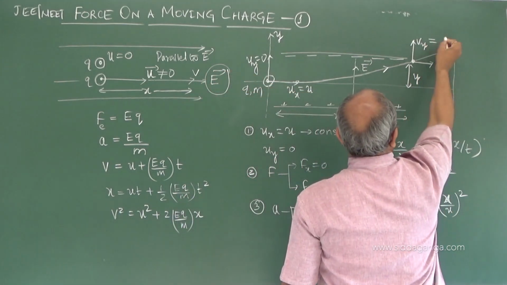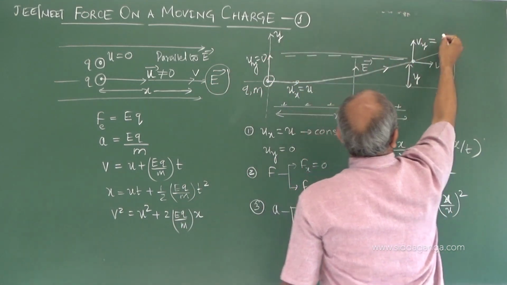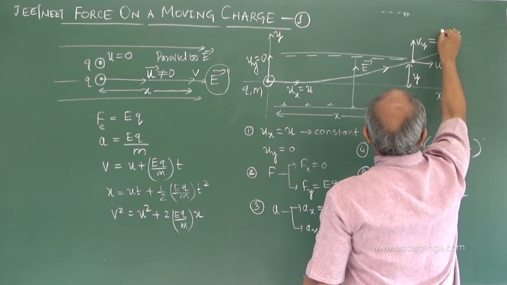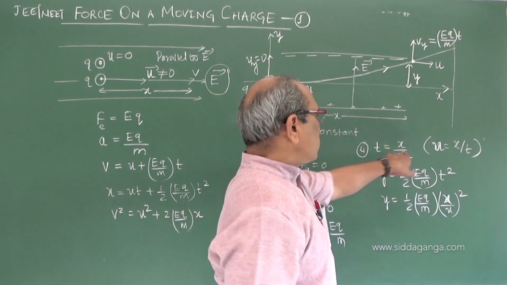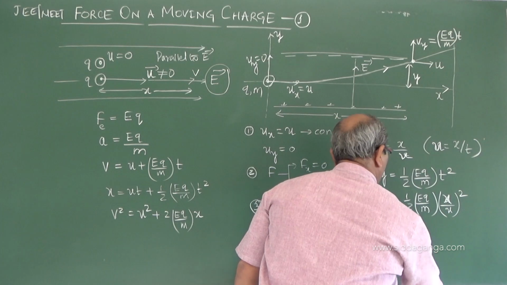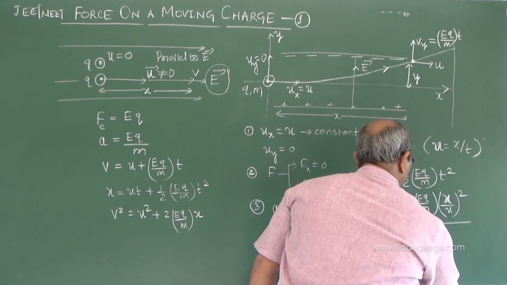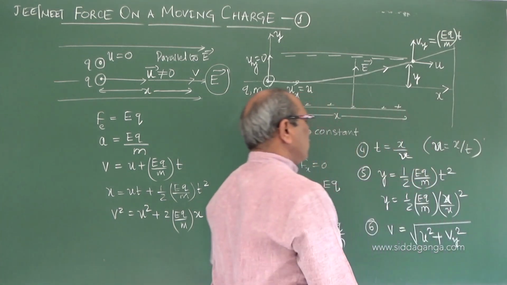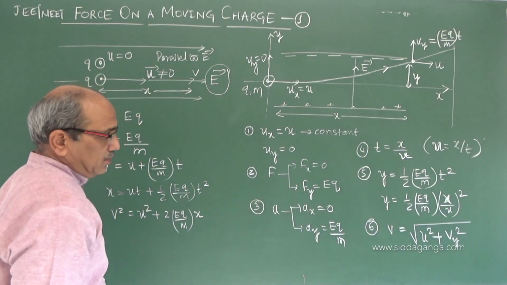Initial velocity is 0, so it is nothing but eE by m into t, where t is this. Therefore, the velocity at the exiting point is root of u square plus vy whole square. So thus all data can be estimated.